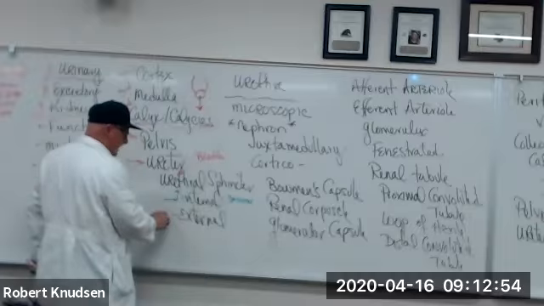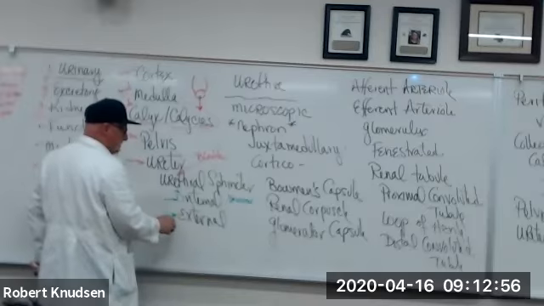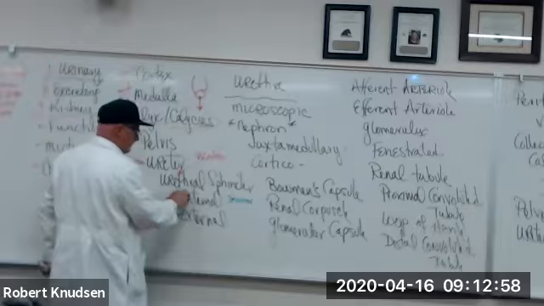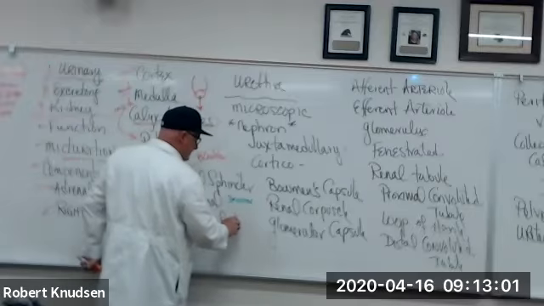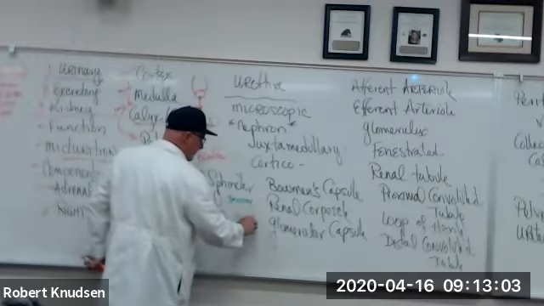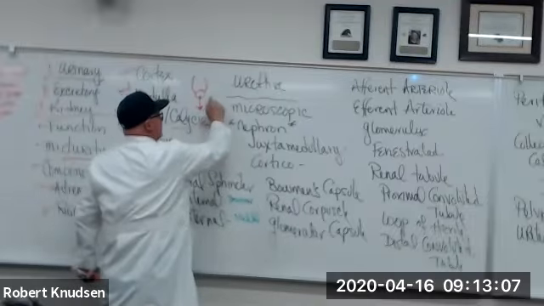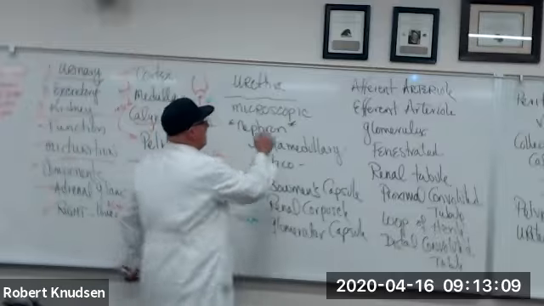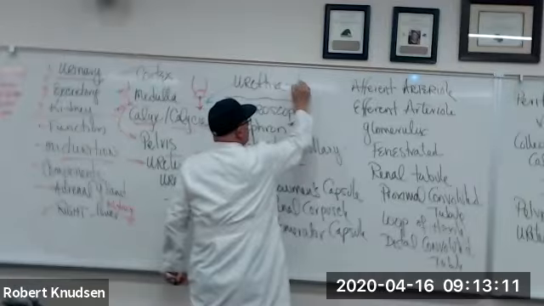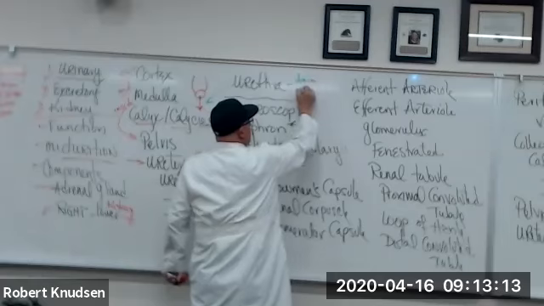The outside one is called the external urethral sphincter, made up of skeletal muscle. Okay? And then the urethra is what drains the bladder. That's why I think I put it on your exam. Drains bladder.